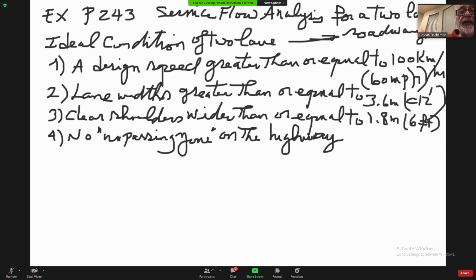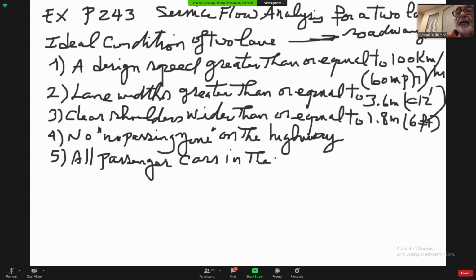The fifth is all passenger cars in the traffic stream. No trucks, no buses.